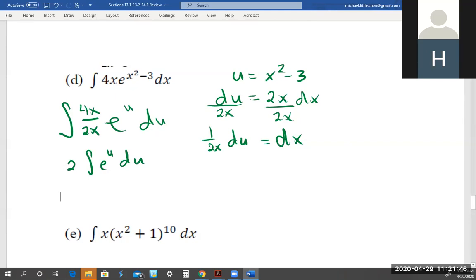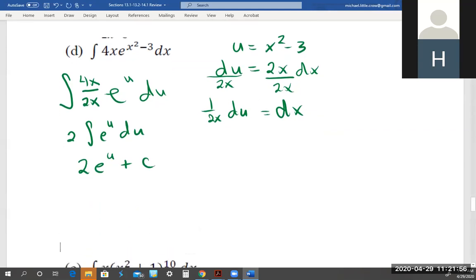And e to the u integrates as e to the u, so it's 2e to the u plus a constant. Then the last thing we need to do is back substitute. What was u? It's x squared minus 3.